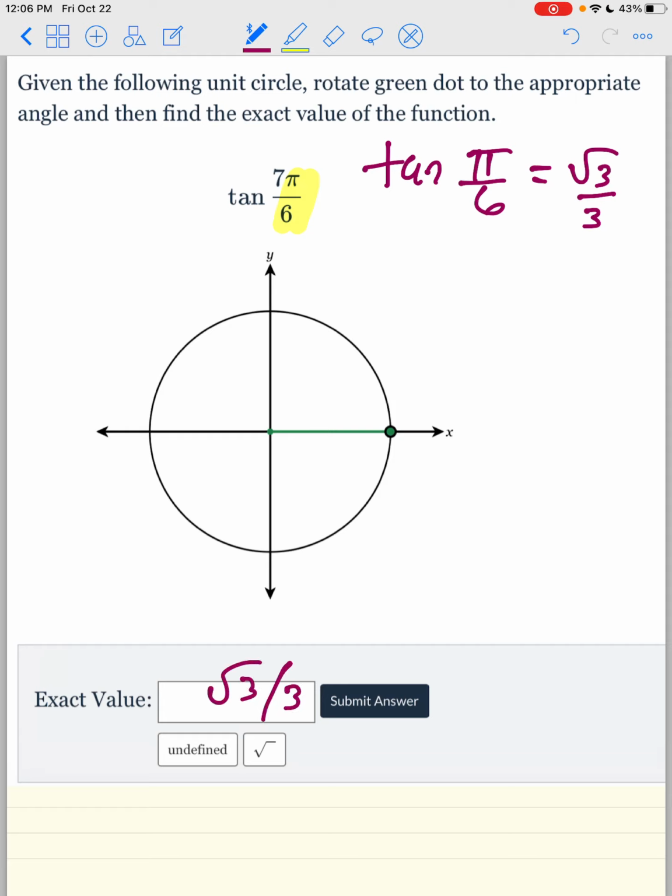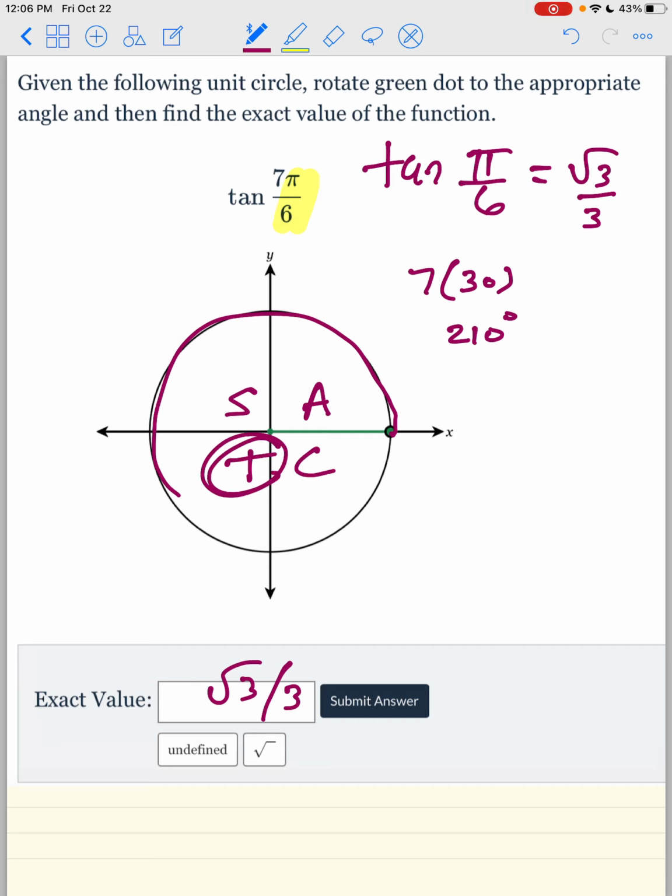I just have to see where I am. So 7 times 30 degrees makes 210 degrees. 210 degrees is in the third quadrant. All Students Take Calculus. Tangent's positive. Well, look, we are working with a tan, so it is positive. It's not negative. And then you're done.